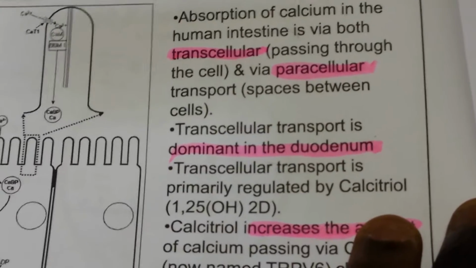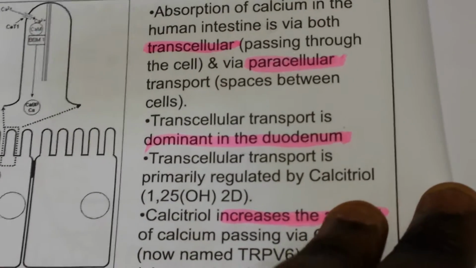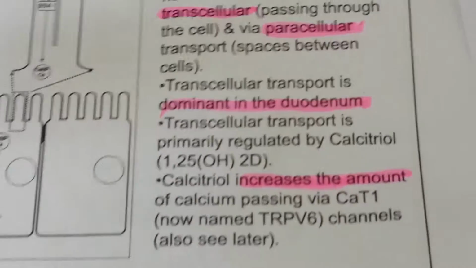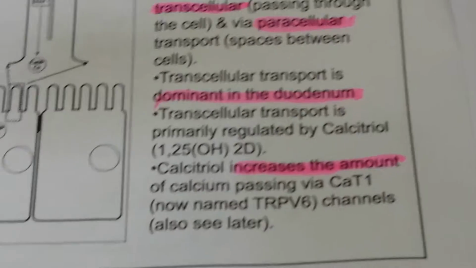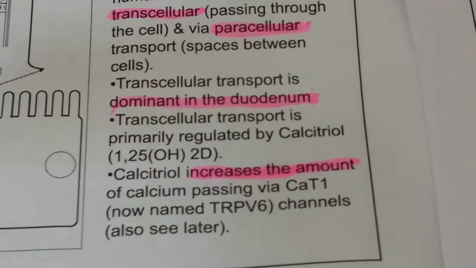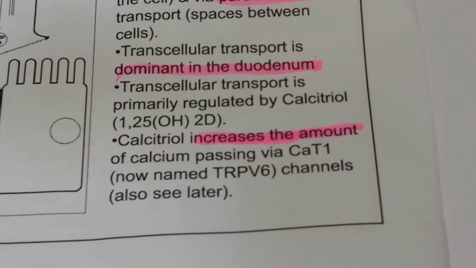Transcellular transport is dominant in the duodenum and is primarily regulated by calcitriol. Calcitriol increases the amount of calcium passing via TRPV6 channels.